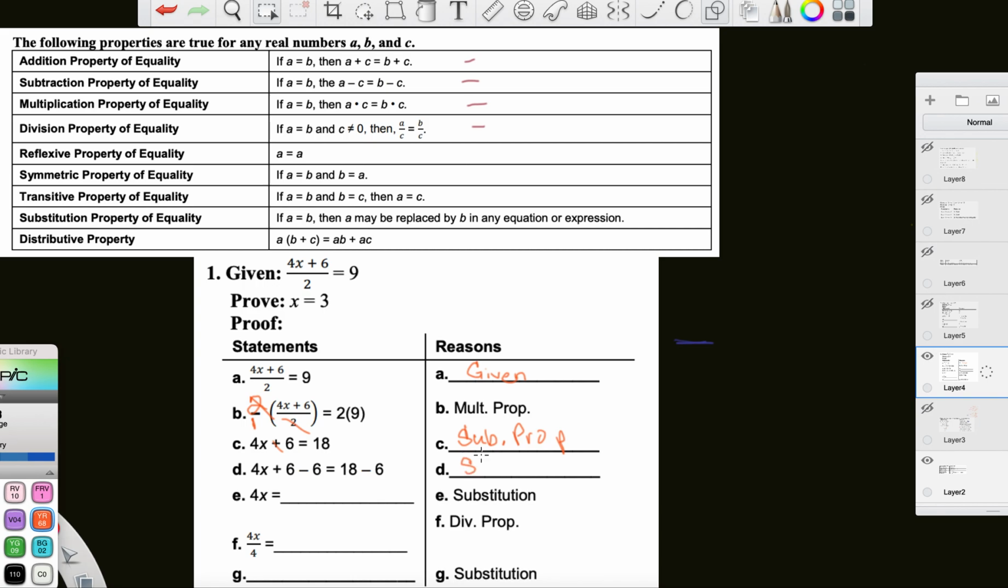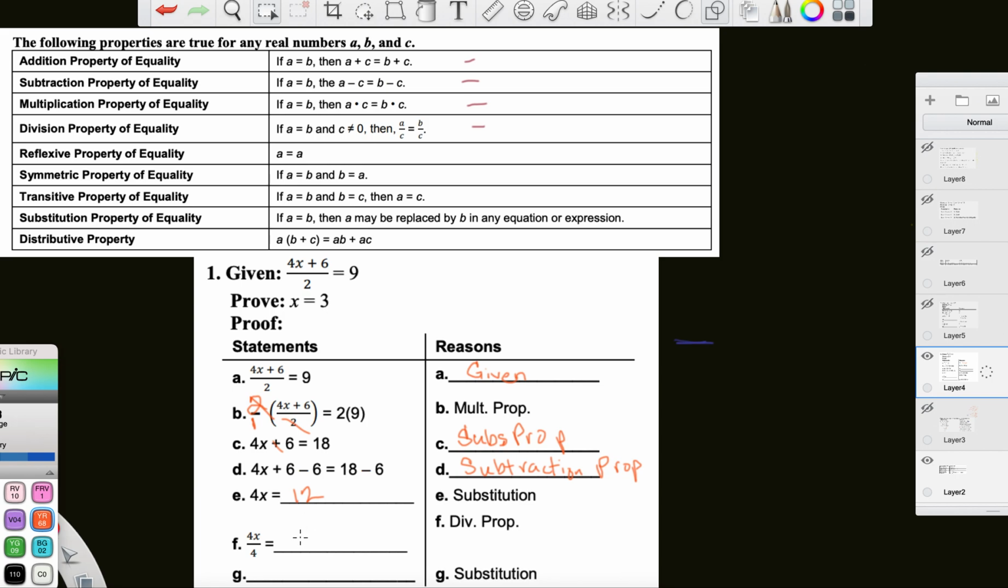So it's the subtraction property. Subs, because this is subtraction. Again, with substitution, we're going to do 18 minus 6. So 18 minus 6 is 12. Right? We did the math.